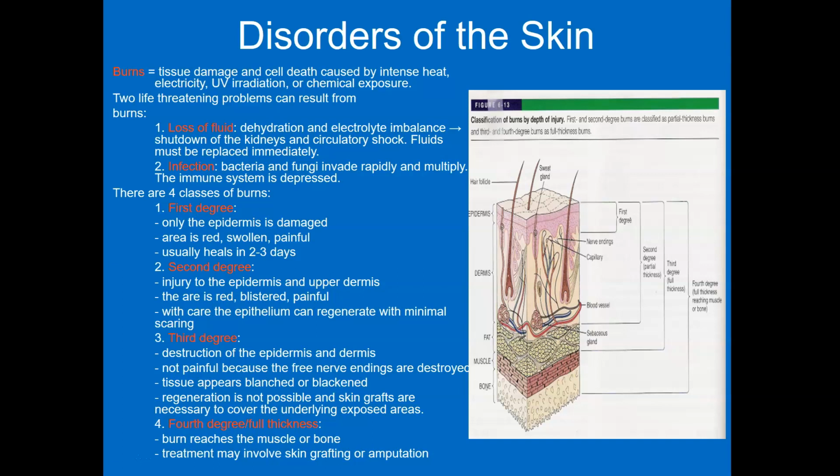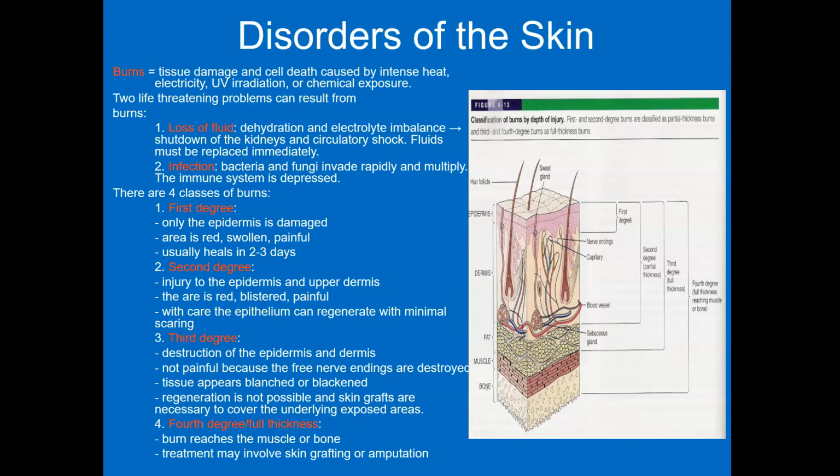Let's go over the infection. Bacteria can take over after the skin is opened up. They do rapidly divide. Some bacteria, the population doubles every 20 minutes. All right, so that's a bad deal. And the immune system becomes depressed because you have a loss of circulation to an area, and you have this constant fluid loss, this desiccation or dehydration happening.